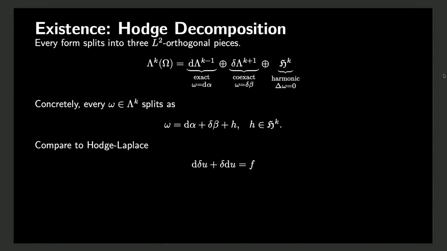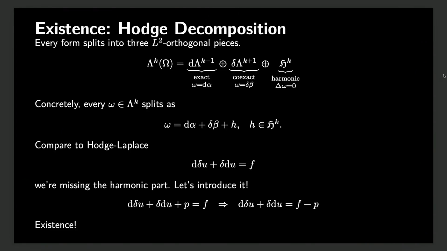If we compare this to the strong form of the Hodge-Laplace equation, we notice that d delta u plays the role of alpha, and delta d u plays the role of beta, but our h is missing. So we can introduce it as well, and through the Hodge decomposition, we know that there must be some solution. This is equivalent to removing the harmonic part of f. So this is how we get existence.